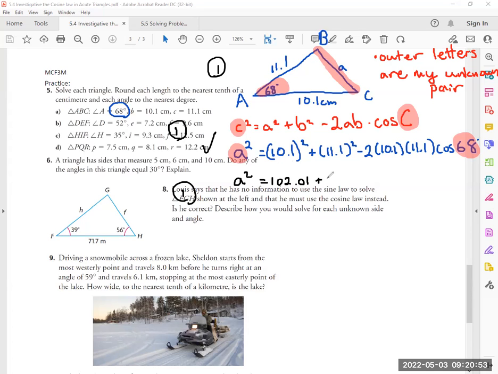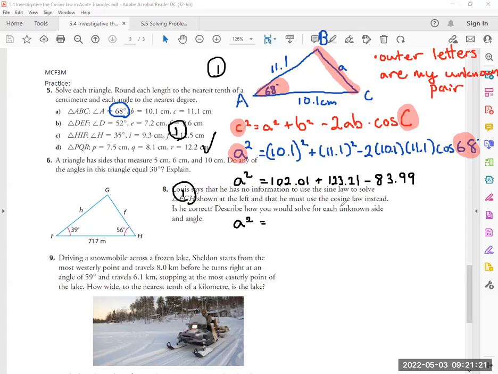Then 11.1 squared is 123.21. And then this thing, 2 times 10.1. This is 83.99.